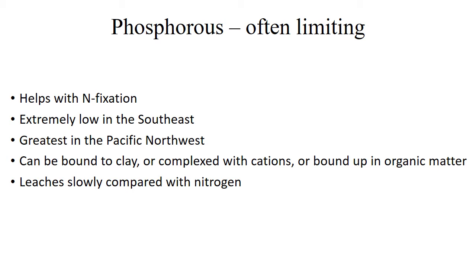But really, the amount of phosphorus that exists in the soil is not what's important for plants, because phosphorus is often unavailable to plants because it's very tightly bound to the substrate in forms that are not available for plants to absorb.